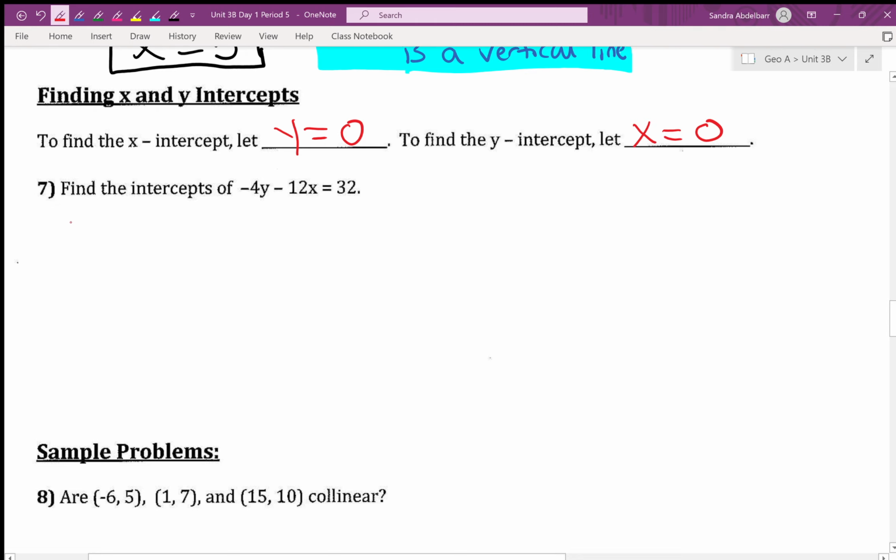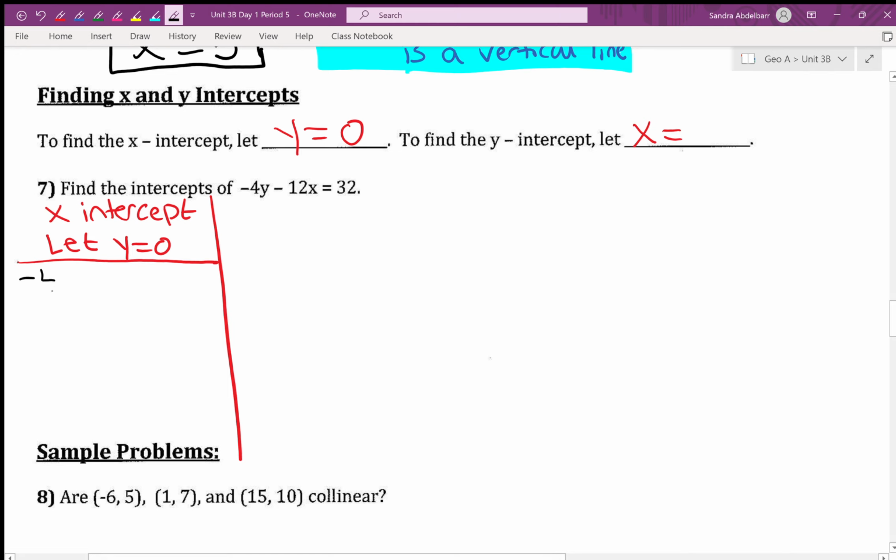Okay, so number 7, find the intercepts. First we're going to find the x-intercept. Let y equal 0. So I'm going to take my equation, negative 4y minus 12x equals 32, and substitute in 0 for y.